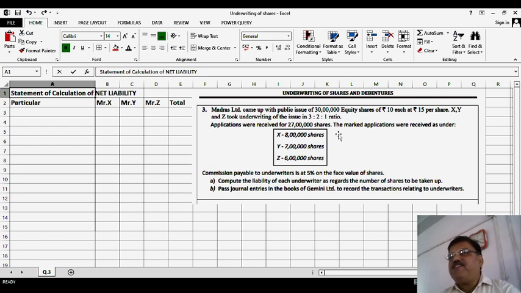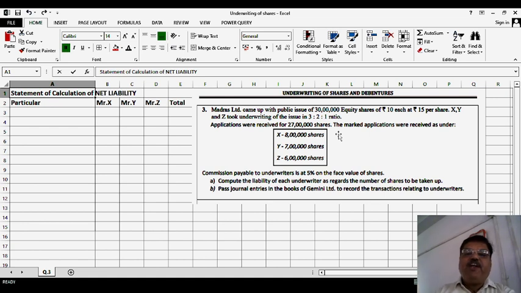Here you should understand, while reading that question, what is given. Try to analyze it. Here nominal value is 10 rupees and 5 rupees is a premium. So issue price is 15 rupees per share.